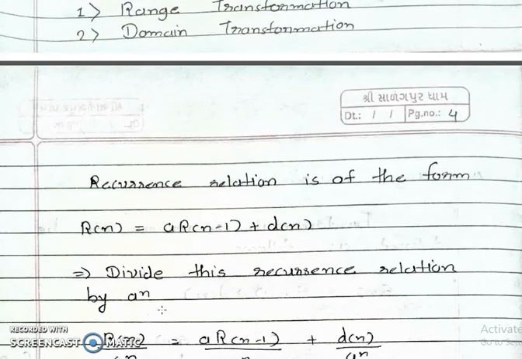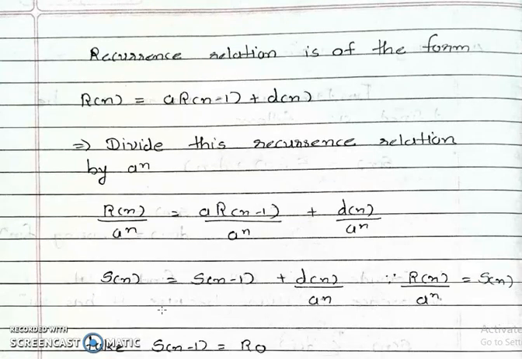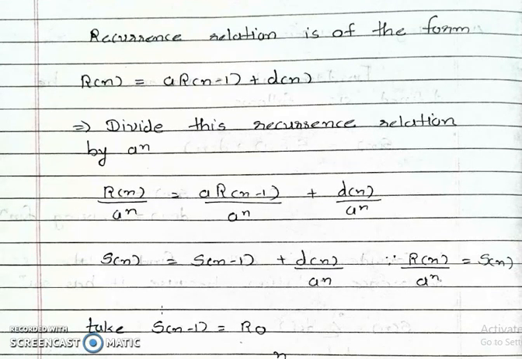Let me briefly describe the range transformation. What is the range transformation? The recurrence relation has the form R of n equal to a into R of n minus 1 plus d of n. Divide this equation by a raised to n. So we get R of n divided by a to the n equal to a into R of n minus 1 divided by a to the n plus d of n divided by a to the n.